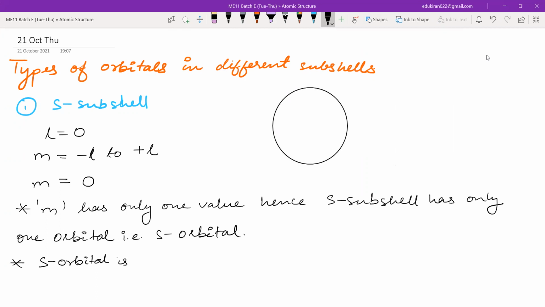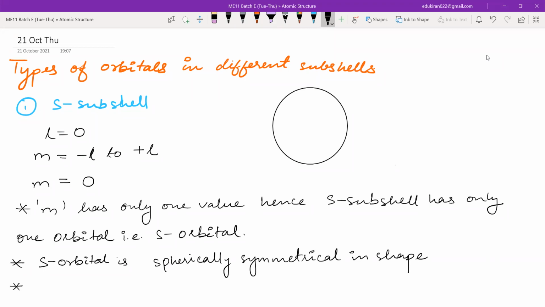S orbital is spherically symmetrical in shape. What does this mean?